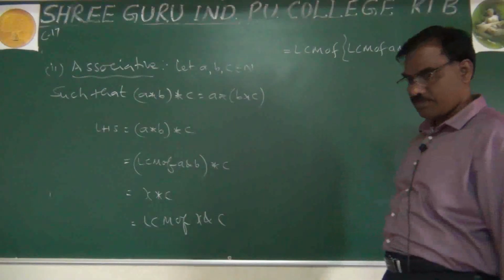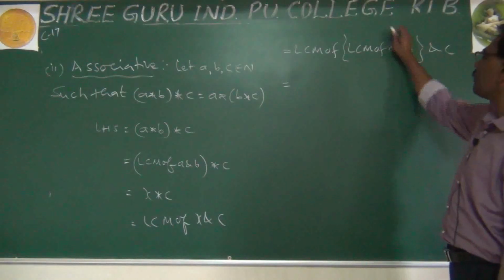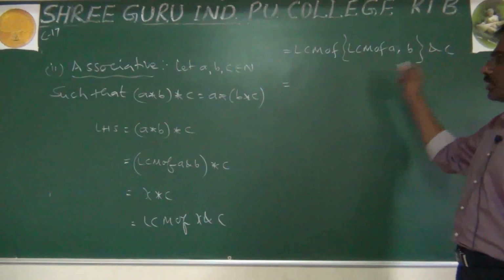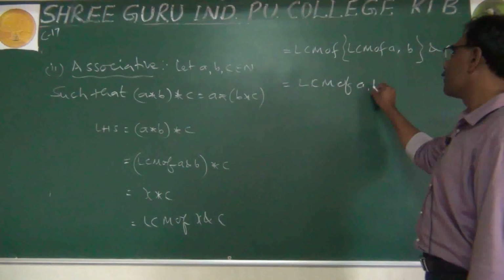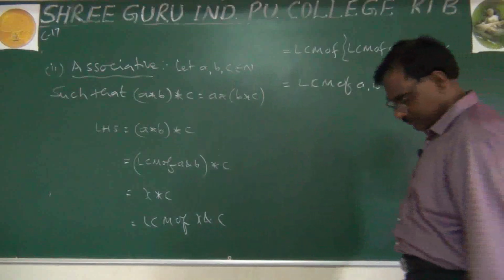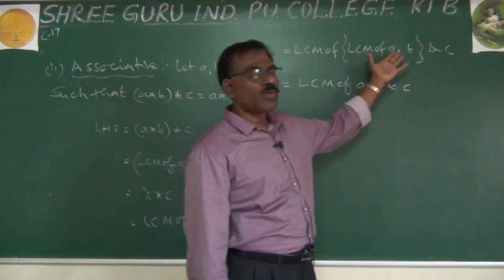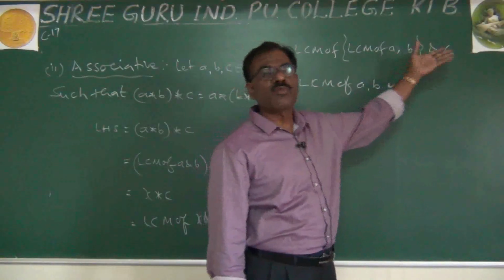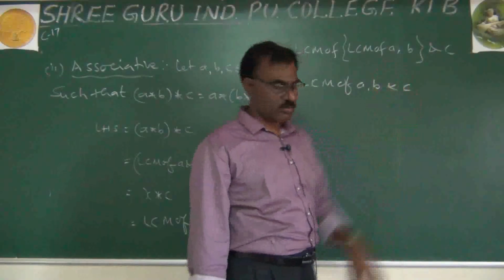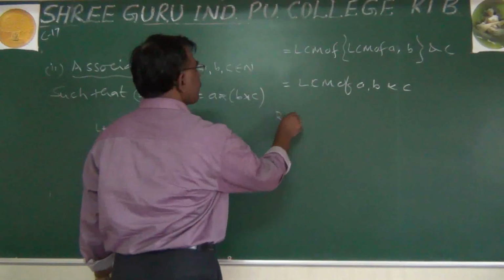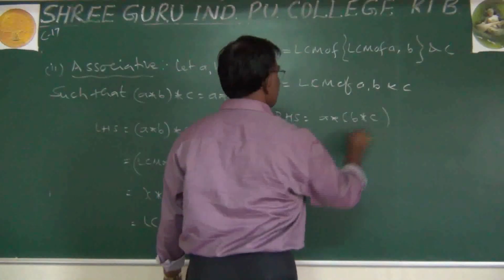and C. And LCM of A, B and C is the same as LCM of A, B and C. For example, LCM of 2 and 3 and 4 is simply LCM of 2, 3 and 4. RHS: A star (B star C).